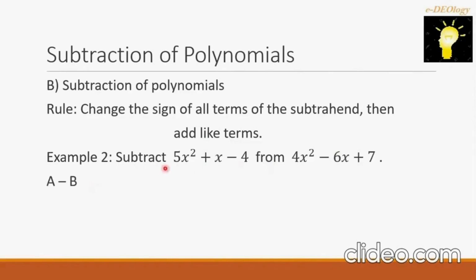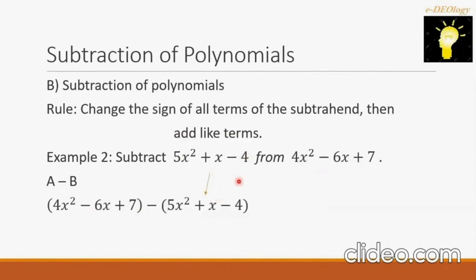But based on the manner the problem is written, the second polynomial here is considered to be the a, and this first polynomial here is our b. So it means to say we're going to put the second polynomial first. That will be our minuend, followed by our subtrahend.